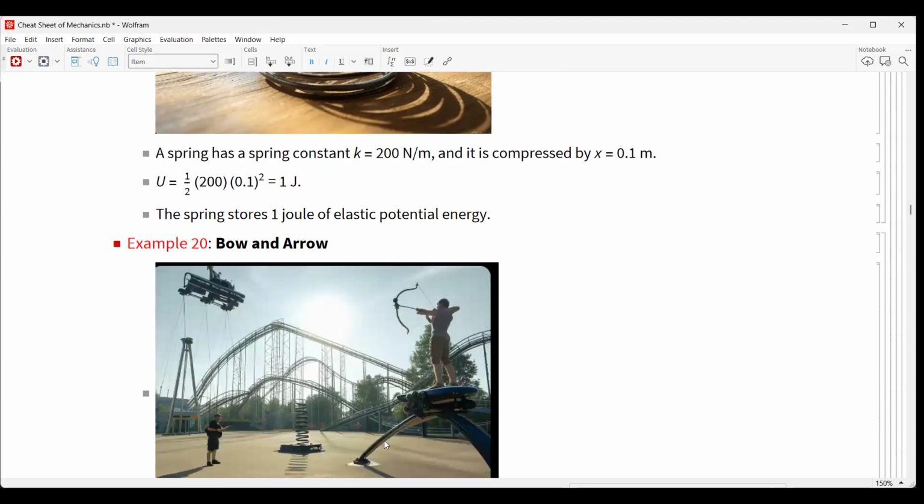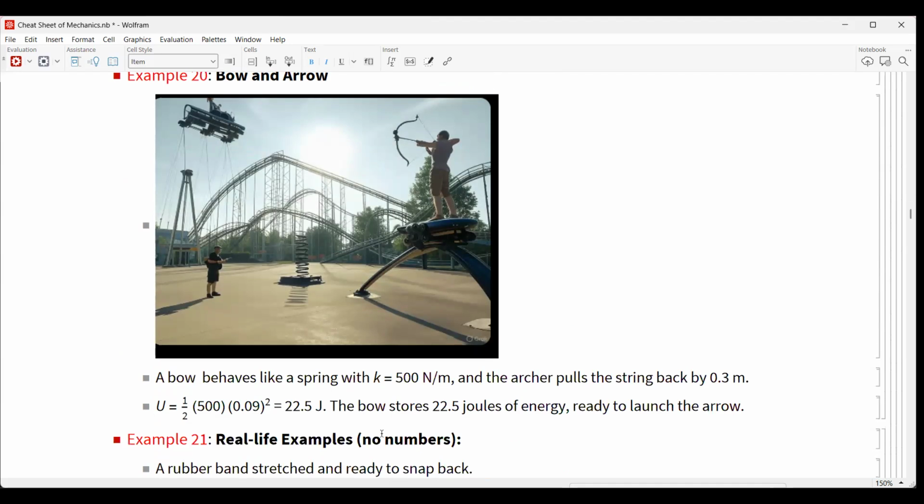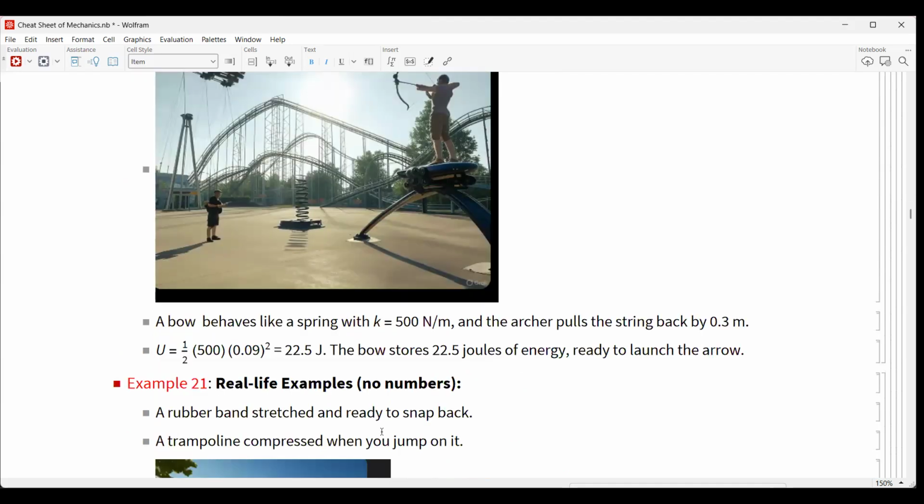Bow and arrow: a bow behaves like a spring with a spring constant of 500 Newtons per meter, and the archer pulls the string back by 0.3 meter. So U is equal to 1/2 times 500 times x squared, 0.09, giving 22.5 joules. The bow stores 22.5 joules of energy ready to launch the arrow.